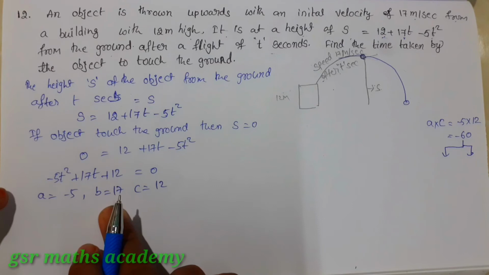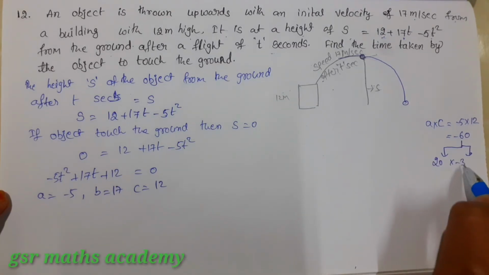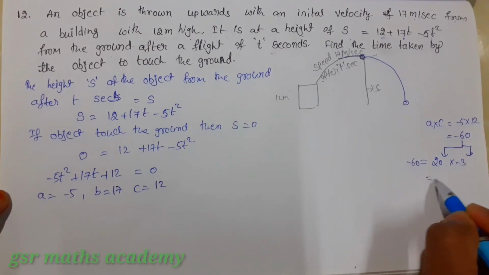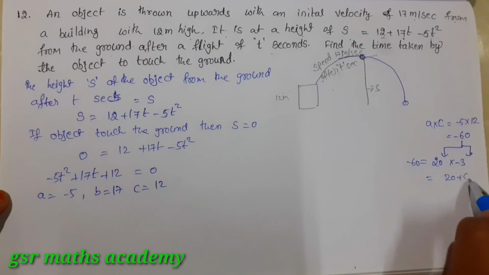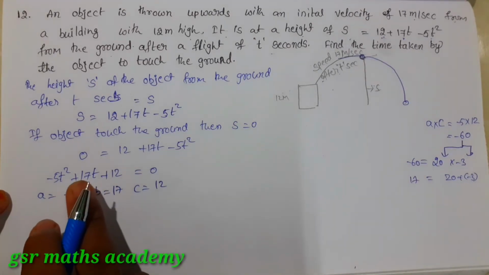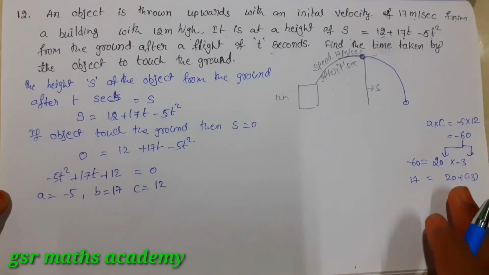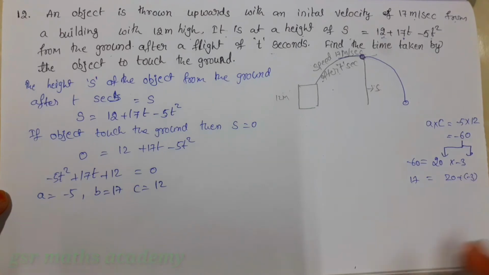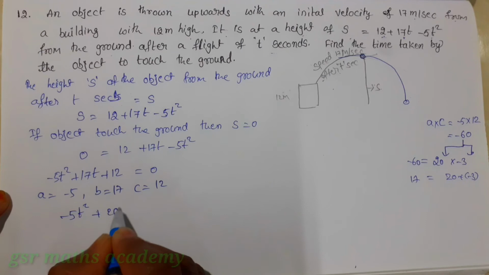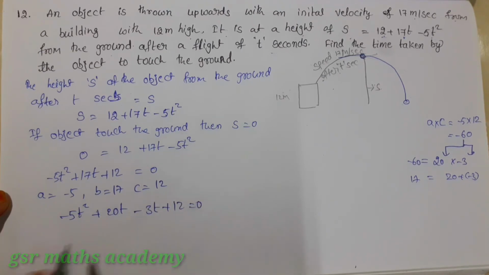So let us write this as 20 into minus 3. 20 into minus 3 gives minus 60, and adding these two numbers, 20 plus minus 3, you get plus 17. So we need to write this plus 17t as 20t minus 3t. So minus 5t square plus 20t minus 3t plus 12 is equal to 0.